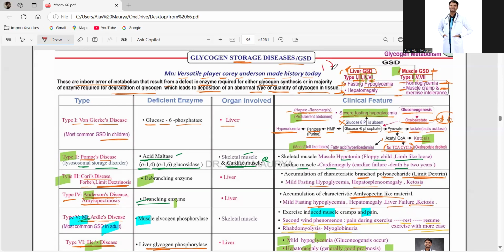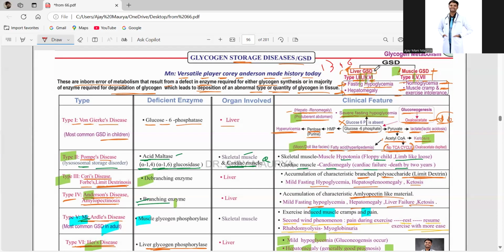Types 1, 3, 4, 6 involve the liver, and the remaining involve the liver and the muscle. That's how they're going to ask the question here.